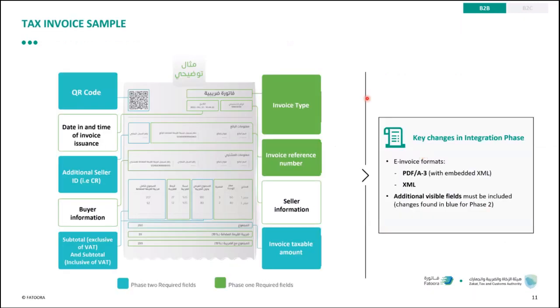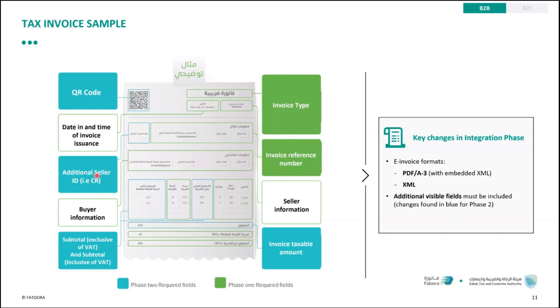This is an example of how the invoice would look in a printable version. So you can see we have the QR code, we have the invoice type, whether it's simplified or standard. You're going to have the reference number, you have the stamp, the date and time stamp. You have the information about the seller, and then information about the buyer, which is critical now in phase 2. Previously, it wasn't mandatory. Now you have to mention the information about the seller.